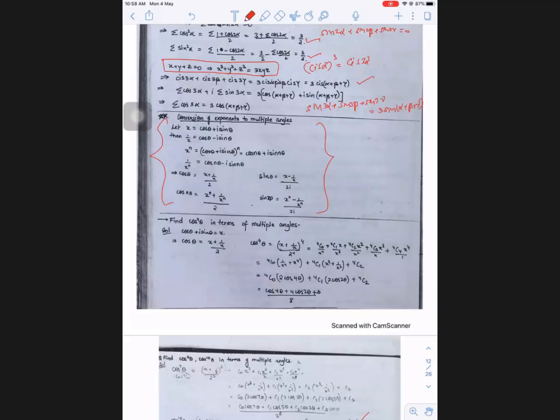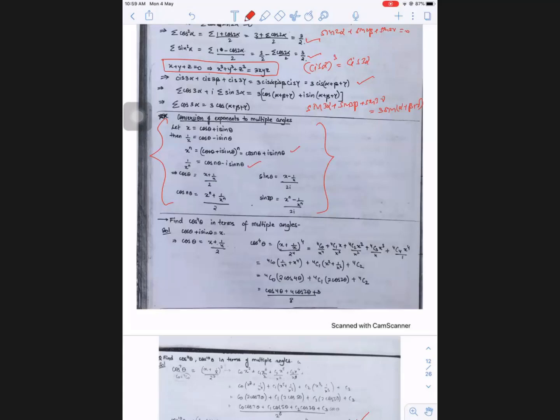The result is: if you assume x equals cos theta plus i sin theta, then 1 by x equals cos theta minus i sin theta. Similarly, x power n is cos n theta plus i sin n theta, and 1 by x power n is cos n theta minus i sin n theta.